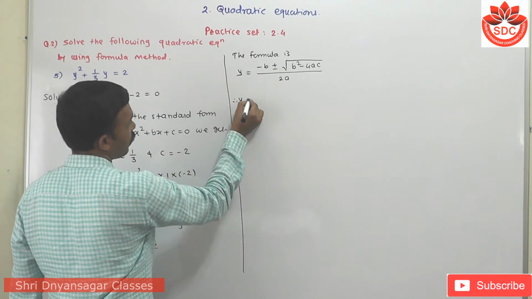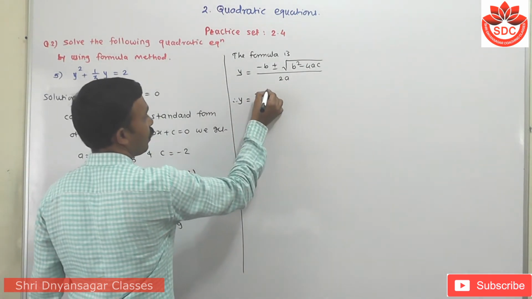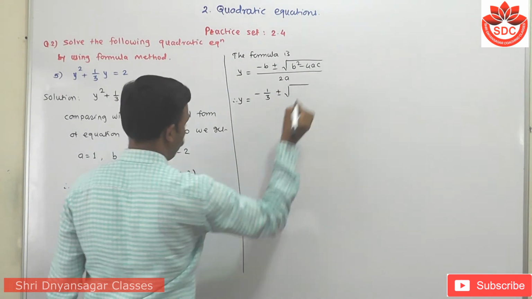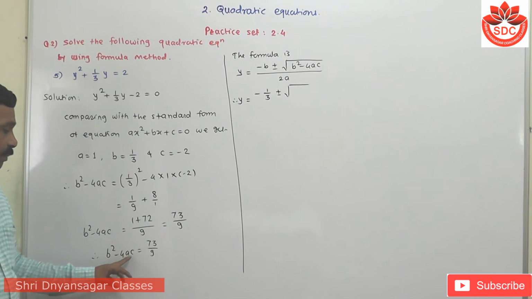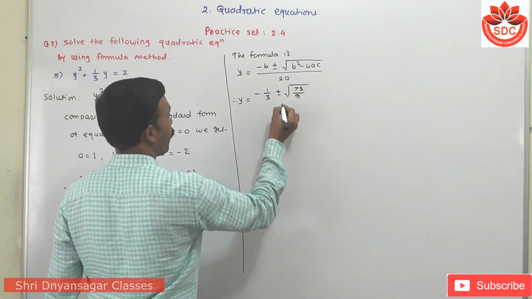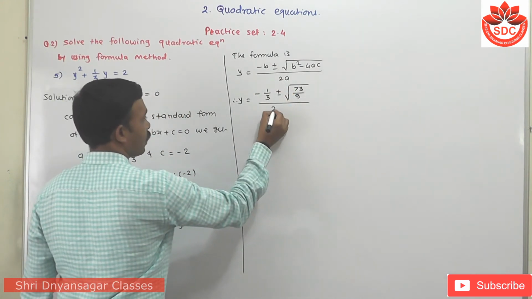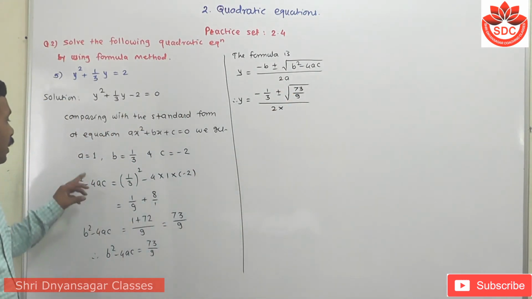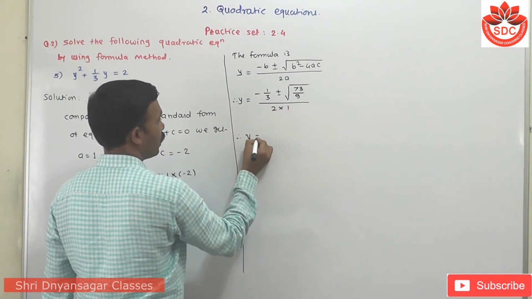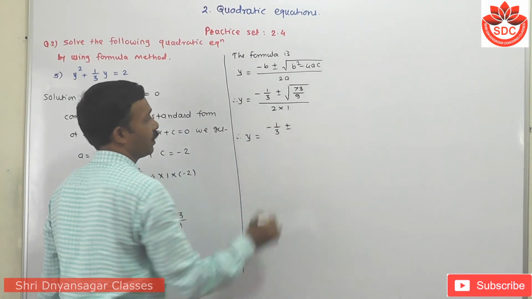Therefore, y is equals to minus b is 1 upon 3, 1 upon 3 plus minus root of this value become b square minus 4ac is 73 upon how much? 9, upon twice into a is 1. Then next step is y is equals to, this is minus 1 upon 3 plus minus.